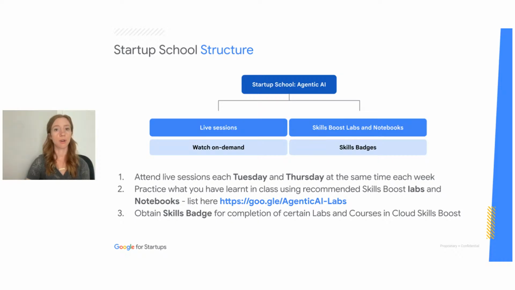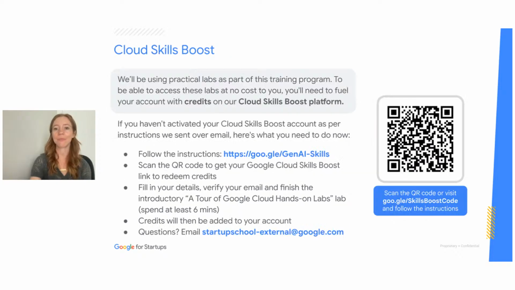One note of comfort, your credits that you have via Skills Boost are good for a few months, so you won't run out of the credits even if a lab isn't accessible today or within the next few days for some reason. Last but not least, you do have the ability to earn some skills badges when you complete some of the labs. So for anyone who's competitive out there and is looking for a skills badge, you may be able to win some.